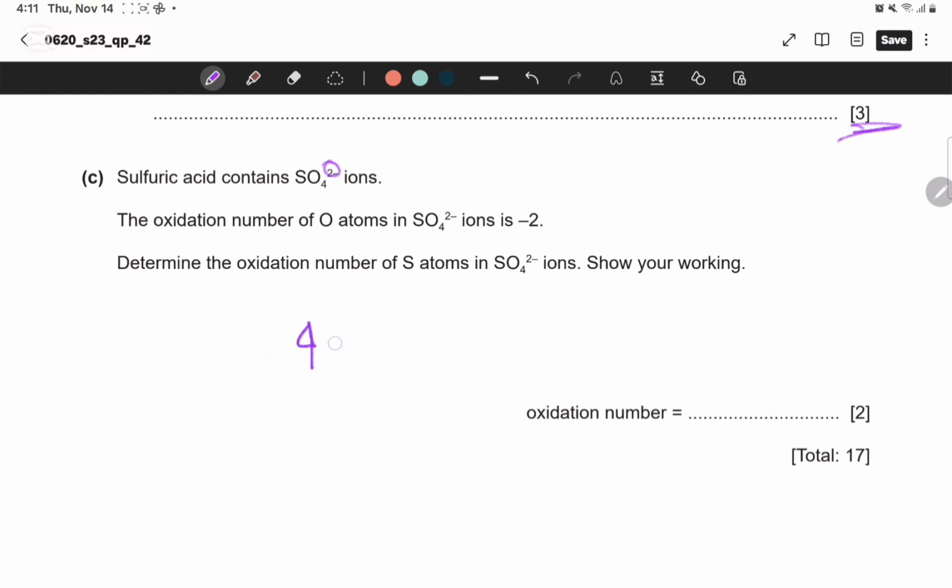Okay, so 4 times -2 to be -8, and then you're gonna add that to S, and that would be equal to the charge, -2. Okay, so again, you're gonna multiply the number down, number up. I put it in brackets, then add that to what you're gonna find and make it equal to the overall charge.